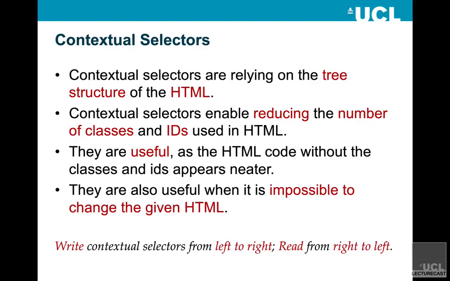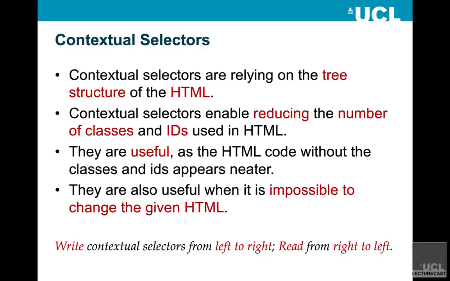The next types of selectors I would like to talk about are so-called contextual selectors. Contextual selectors are relying on the structure of the HTML tree. Contextual selectors are reducing the number of classes and IDs that we're using within HTML. Now, why is it useful?